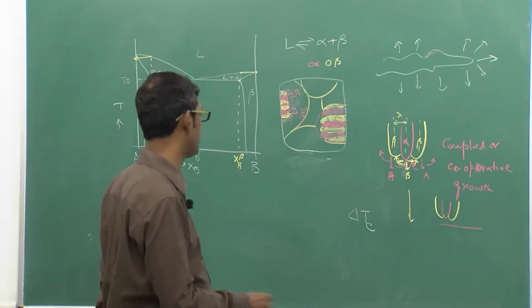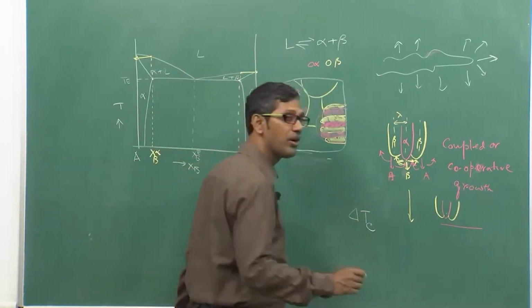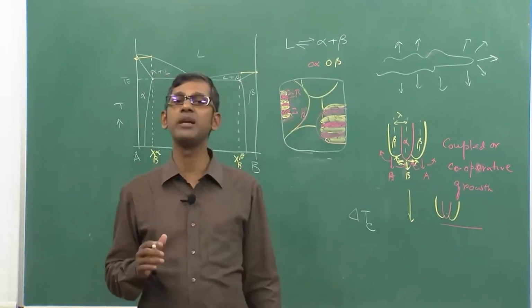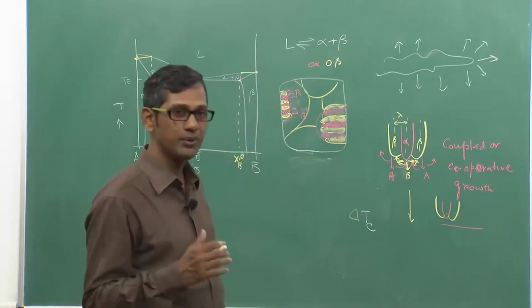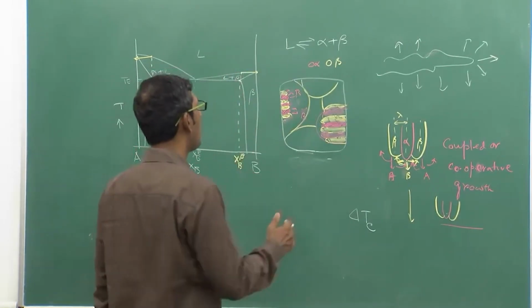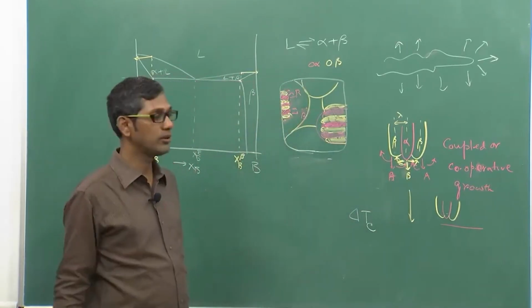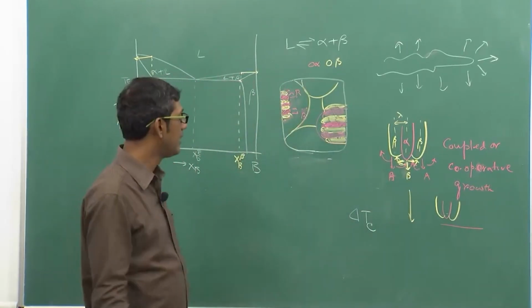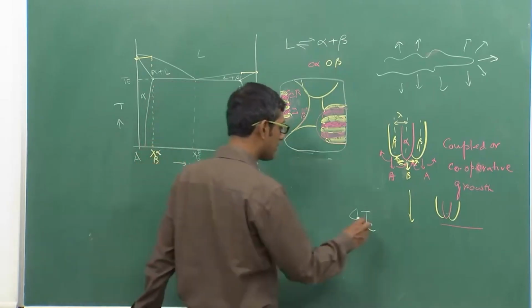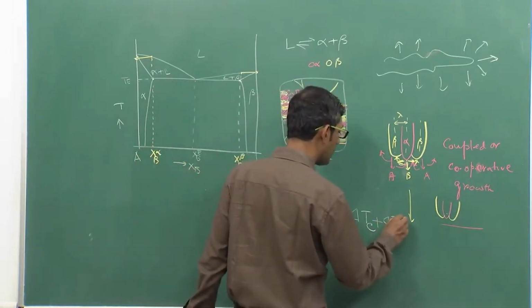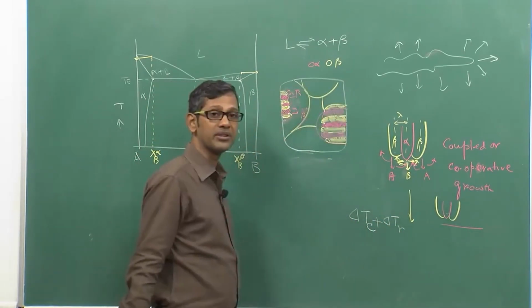That is the first part. It is very important, because this will dictate how fast the eutectic lamella or eutectic colony can grow into the liquid. The second important aspect I just discussed is the undercooling required for the curvature.